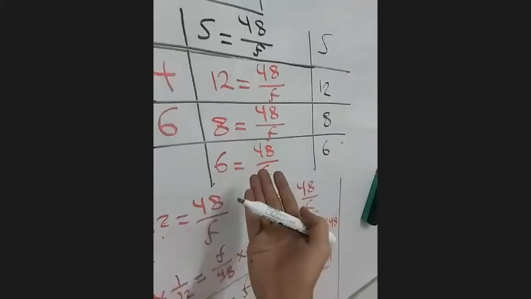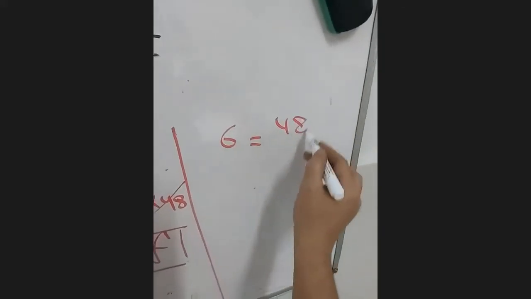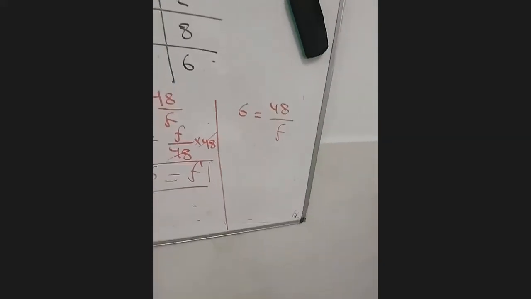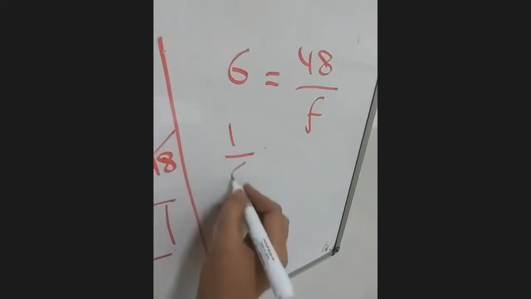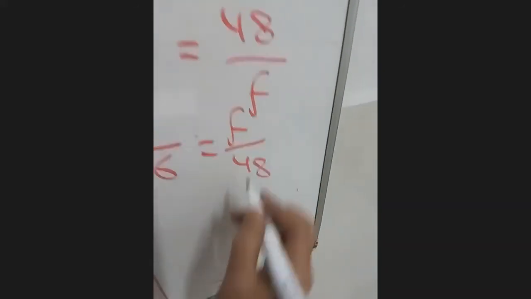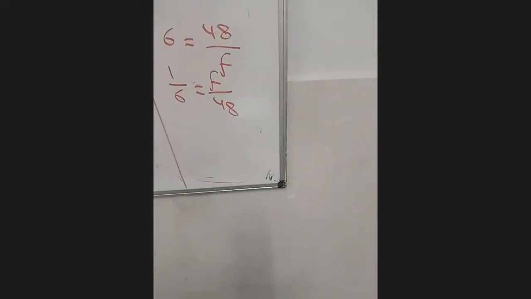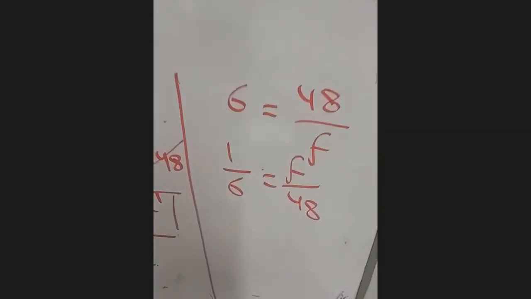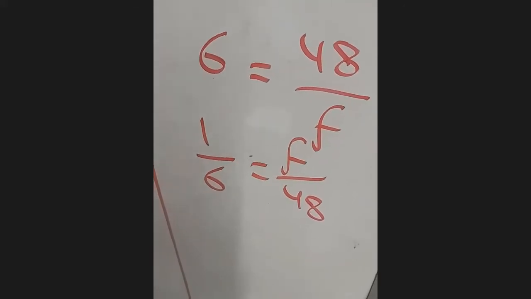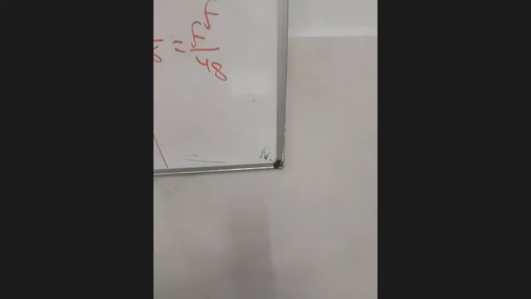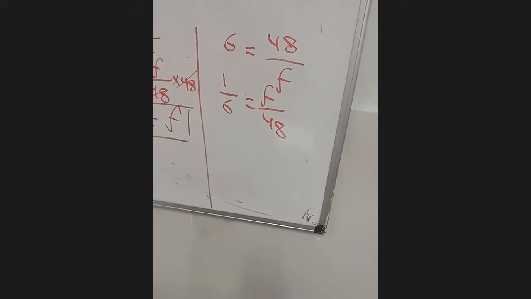Excellent. This is an equation. Let's solve it outside. 6 equal 48 over f. How will we solve it? We will do reciprocal. 1 over 6 equal f over 48. Then what will I do? We will divide.